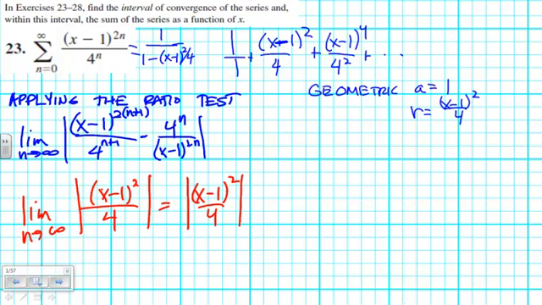Now, probably they clean that expression up. Maybe they find a common denominator of 4, so you get 4 over 4 minus x minus 1 squared.